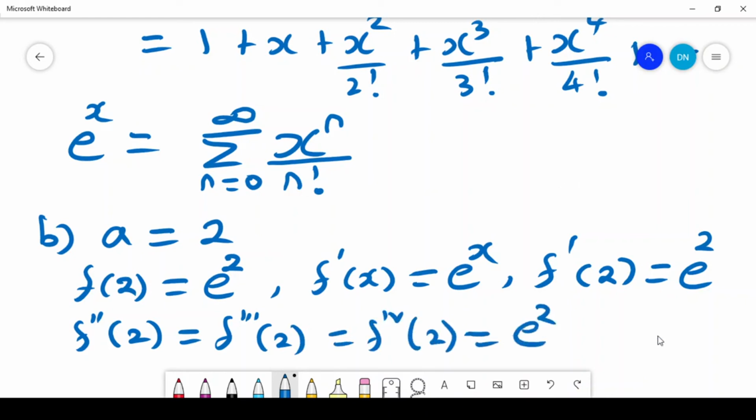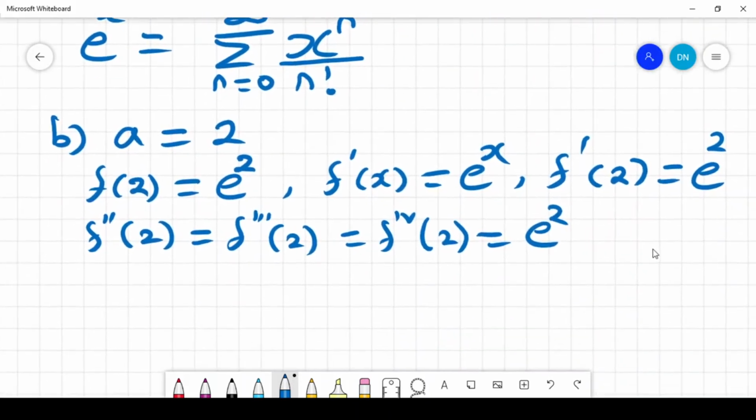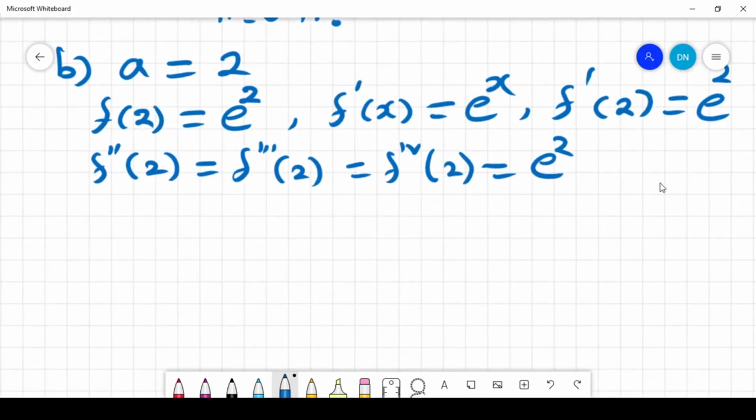But then my equation would have been slightly different. My Taylor series would have been different because now I'm testing it at a equal to 2.